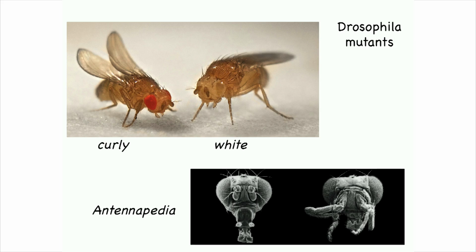The homeo genes, these homeobox genes, were discovered as gene complexes that controlled these homeotic transformations. They were studied particularly by Ed Lewis at Caltech. And this is an example called Antennapedia.